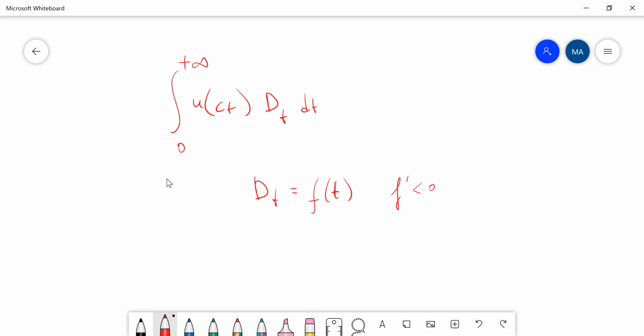But there are different types of discounting. What I showed you is the simplest one, which is much more common in the literature. But there's, for instance, something called gamma discounting. You may check the work of Weitzman. In terms of environmental catastrophic models, gamma discounting is important.